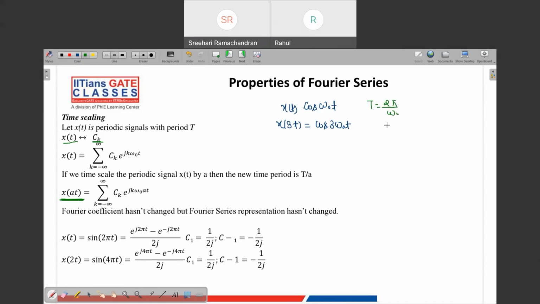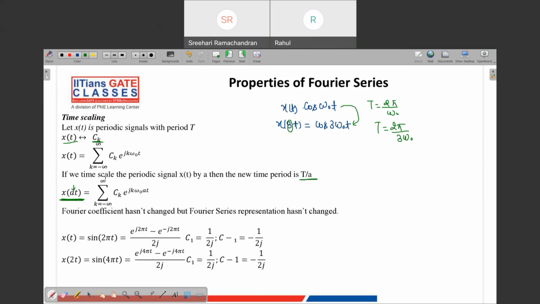In the second case, the time period will be T equal to 2 pi by 3 omega naught. So the signal will still be periodic, but the time period is going to change by the factor at which we are doing the time scaling. So let's say we are doing the time scaling by a factor of a. In that case, the time period will be T by a.